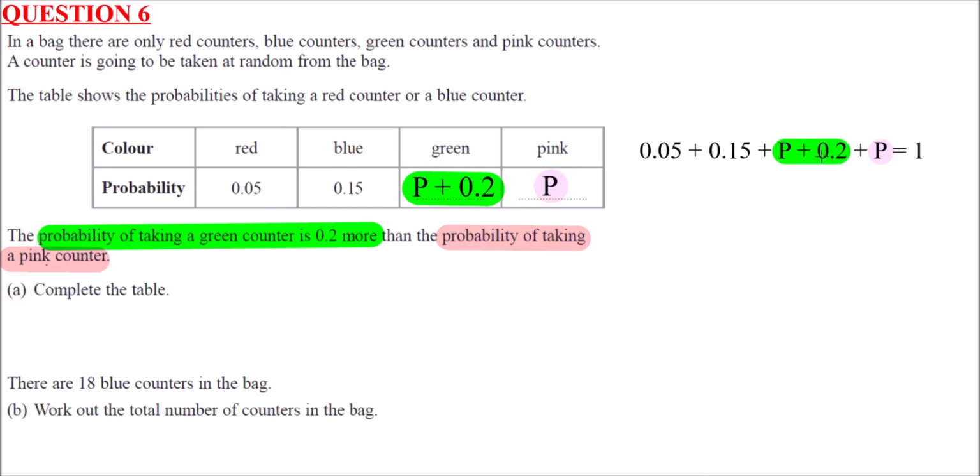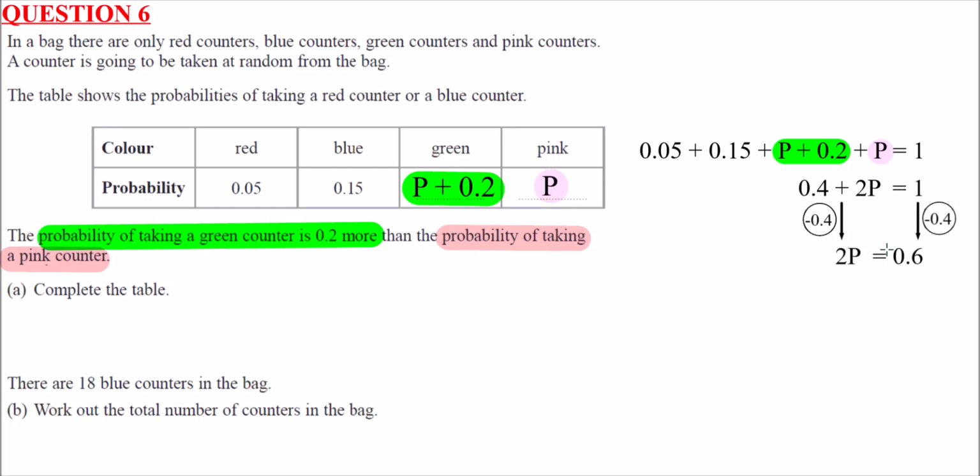We can now simplify this. P plus P gives 2P overall. 0.05 plus 0.15 plus 0.2 gives 0.4. So 0.4 plus 2P equals 1. If I now take away 0.4 from both sides, then 2P must be 0.6.